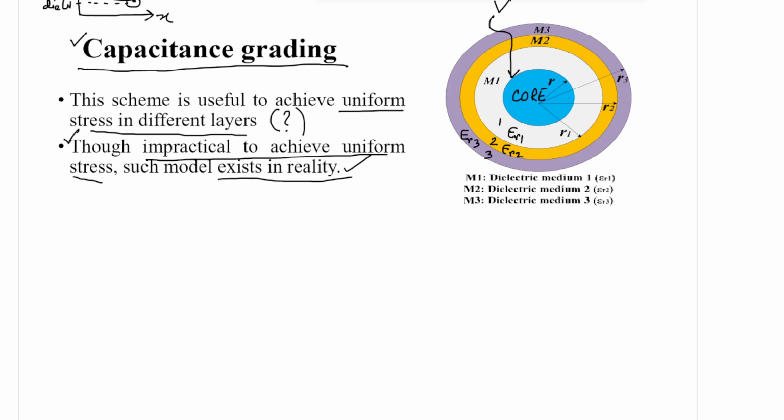So in this way we have n number of layers surrounding the core, and we are interested to find out what will be the stress on these interfaces. That means what will be the stress at this point, the conductor surface.